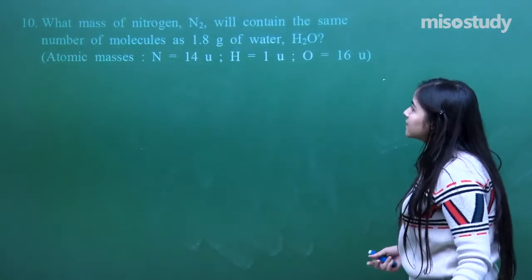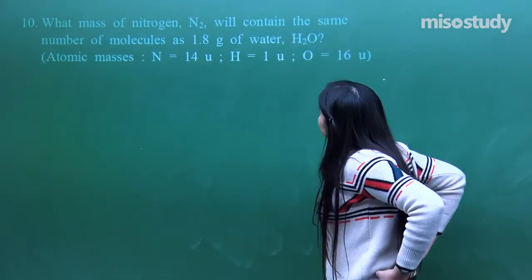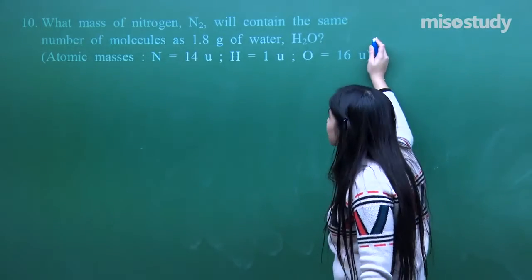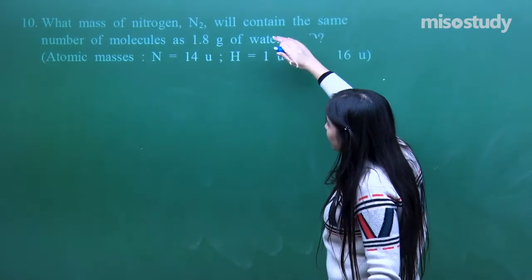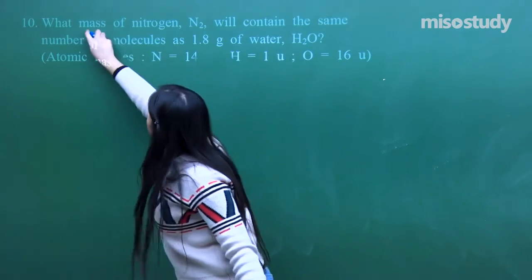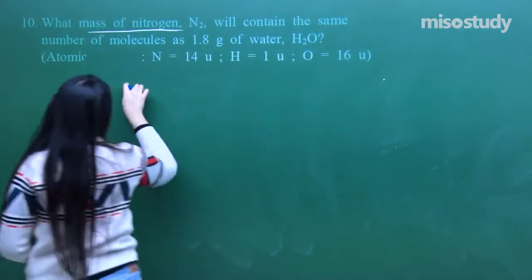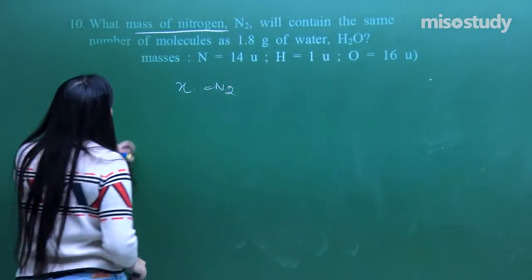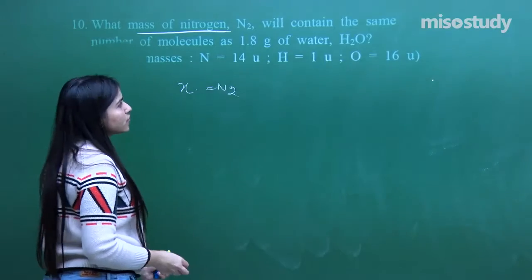Now question number 10. What mass of nitrogen N2 will contain the same number of molecules as 1.8 grams of water H2O? So basically they are asking how much mass of nitrogen, let's say X of N2 gas, will contain the same number of molecules as 1.8 grams of water.